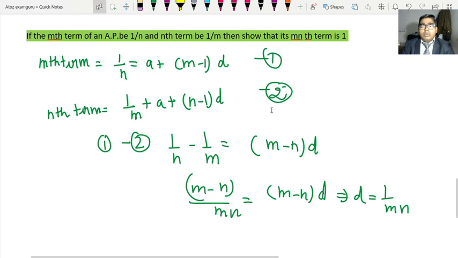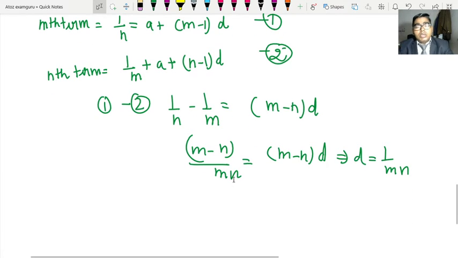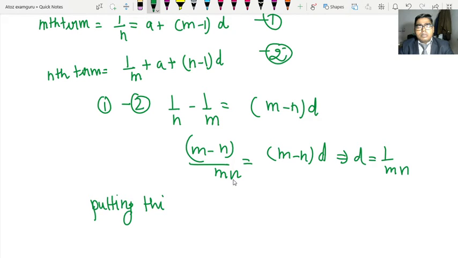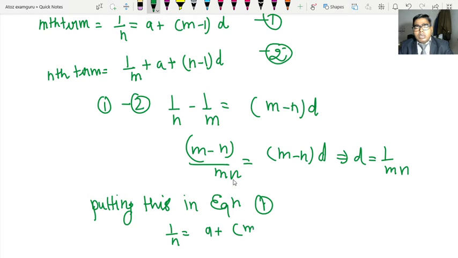And now if we put this value of D in equation 1, we will get 1 by n equals A plus m minus 1 into 1 by mn.